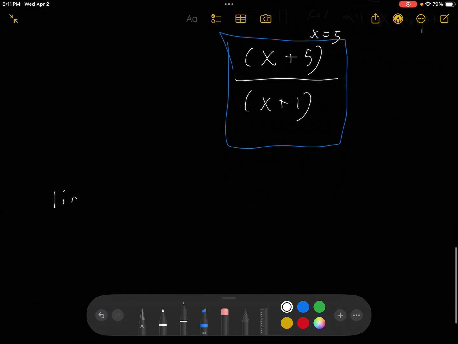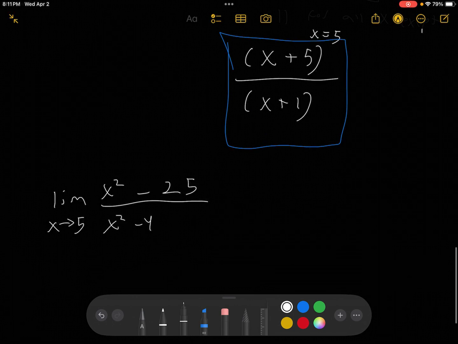What we now know is that the limit as x approaches 5 of our original function is the same as the limit as x approaches 5 of this new function.